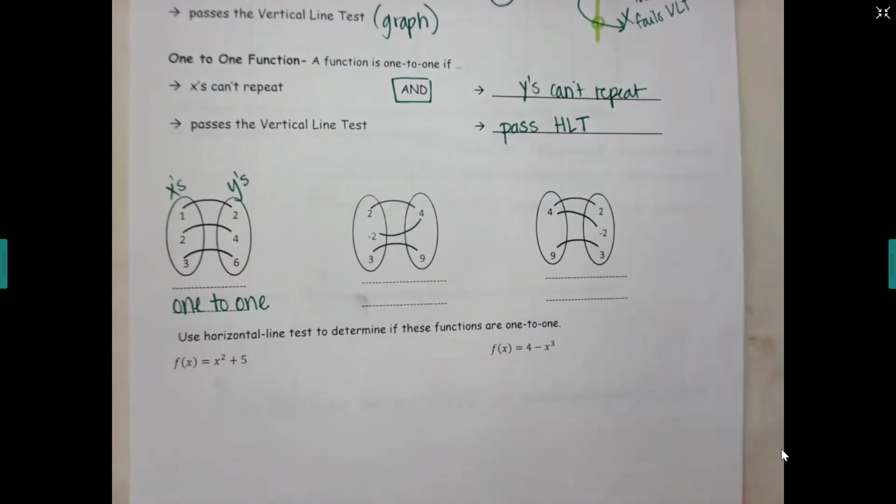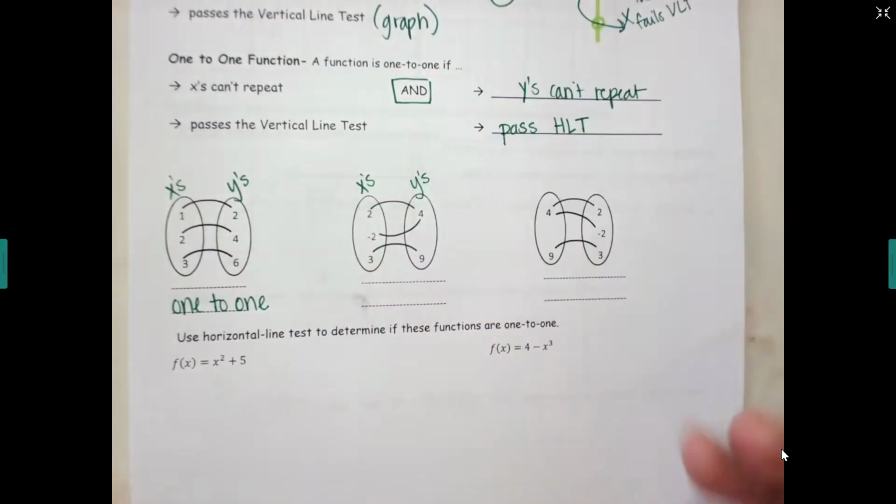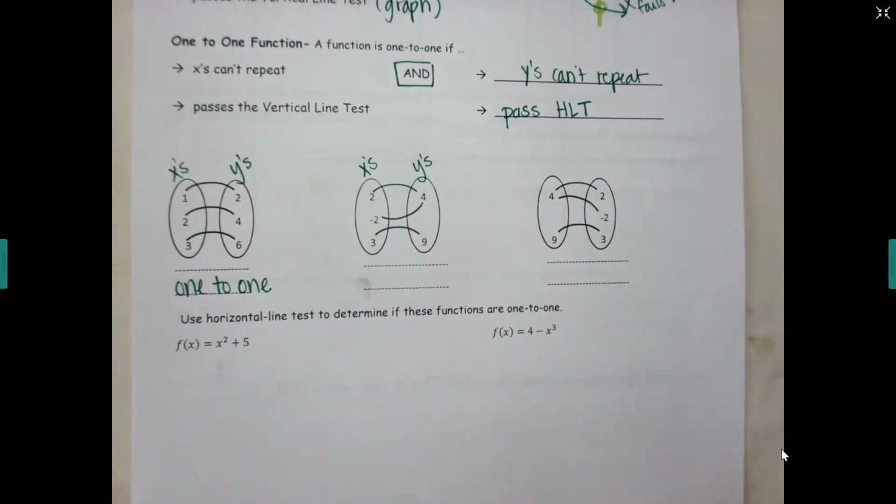Now look at the second chart. These are my x's. These are my y's. Do any of my x's repeat? Just look at x's first. 2 and -2 count as different numbers. So all these are different. So it is a function, but it's not one-to-one. Here's why.